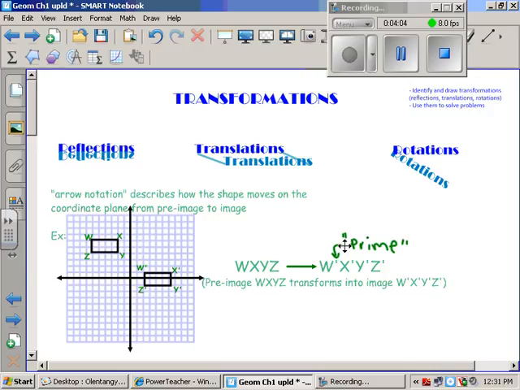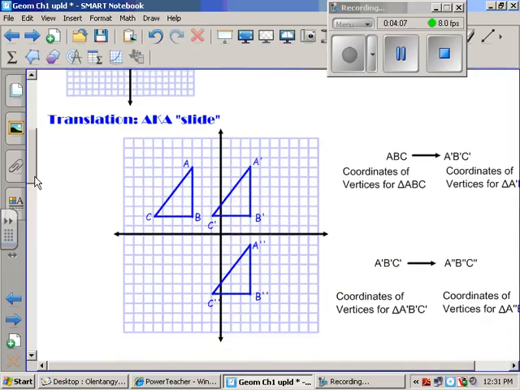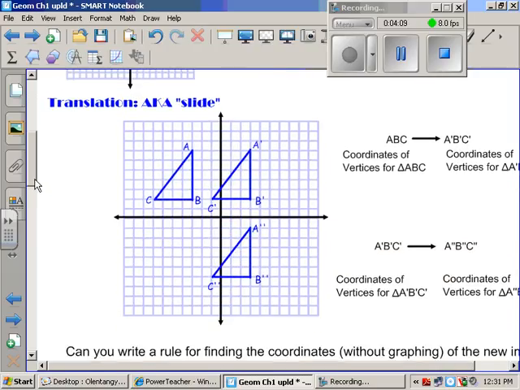Okay. All right. So let's do some specifics here. A translation occurs when, you probably talked about that as a slide in middle school, it happens when the shape does not change. It doesn't get bigger or smaller. It stays exactly the same measurements, and it doesn't change the way it's oriented.